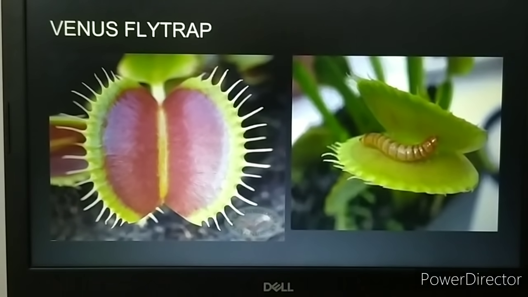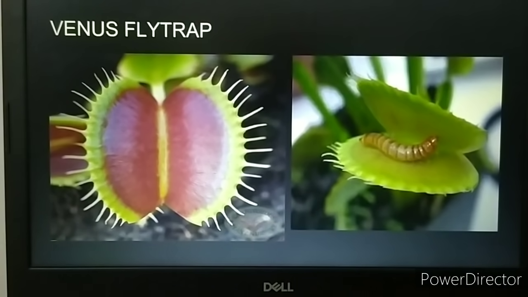When any insect is caught by the leaf, the edges of the leaf interlock. As you can see in the second figure, when the insect is trapped inside the leaf, slowly the 2 parts of the leaf blade start interlocking.